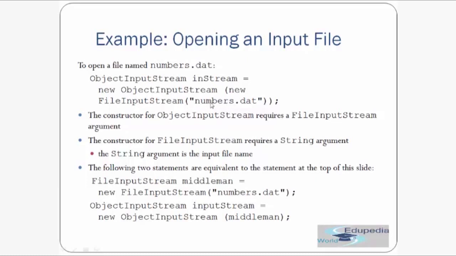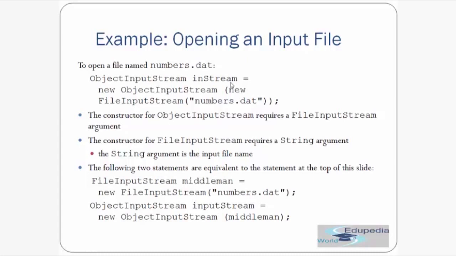Now numbers.dat is passed to FileInputStream to create an object of FileInputStream. The object of FileInputStream is passed to ObjectInputStream finally to create an object of ObjectInputStream. Okay, so in this way we can open the input file.